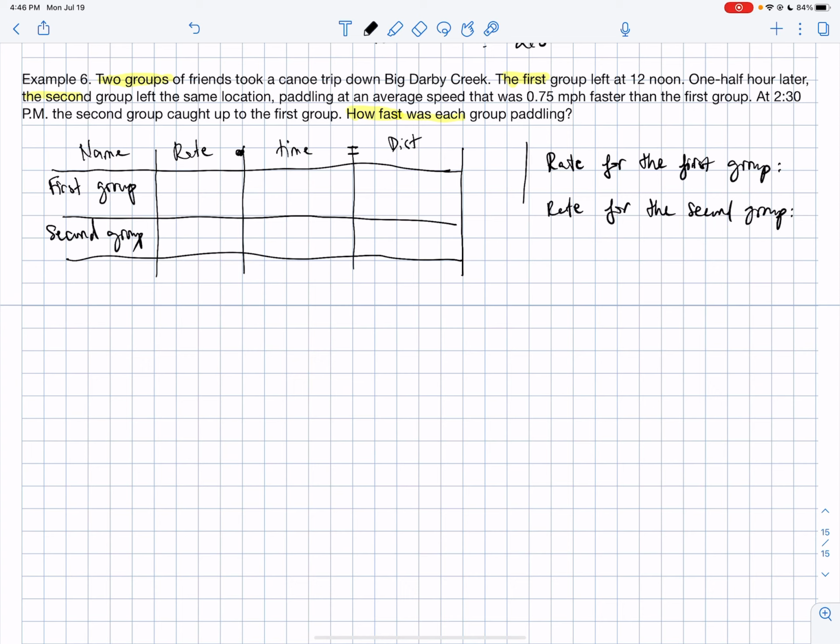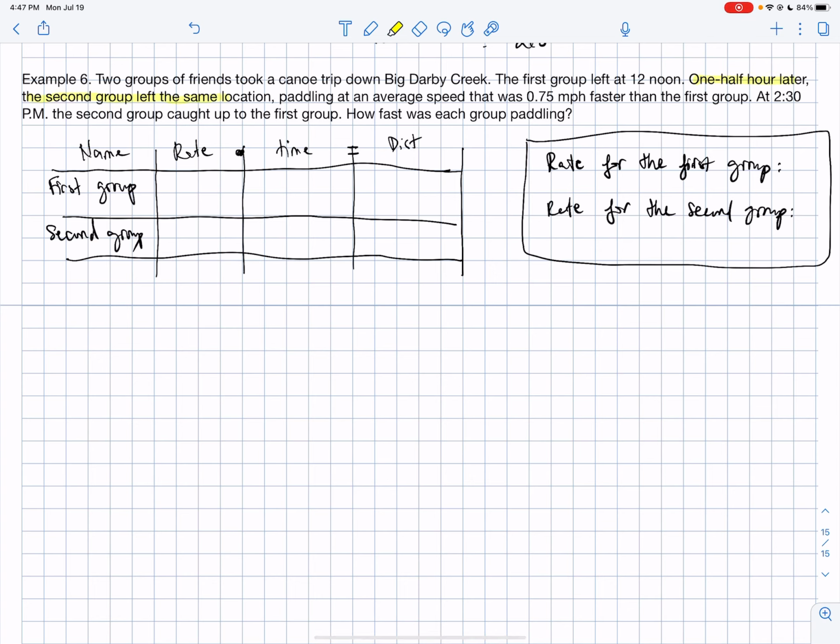Whatever we don't know, we will assign a variable. Which one should be our variable? The rate for the first group or the rate for the second group? Then we read the problem one more time, and let's pay attention to this sentence.